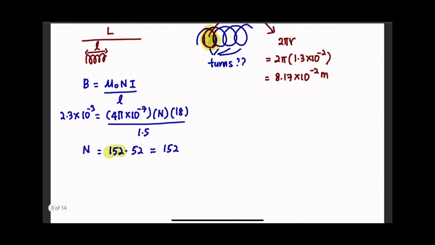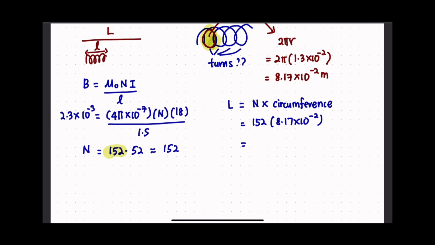So dah dapatkan circumference, length of the wire forming the solenoid is L equal to number of turns times dengan circumference. Alright, so number of turns is 152 times 8.17 times 10 to the power of negative 2.